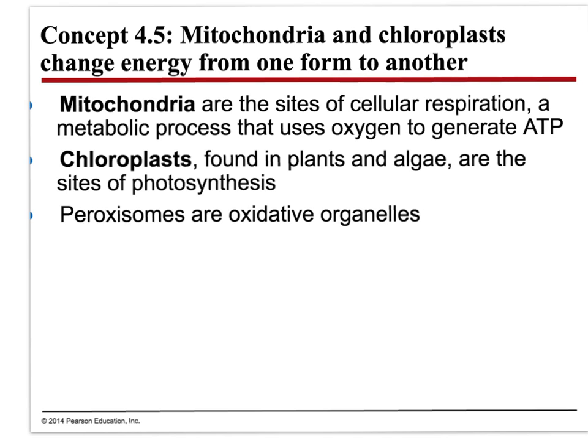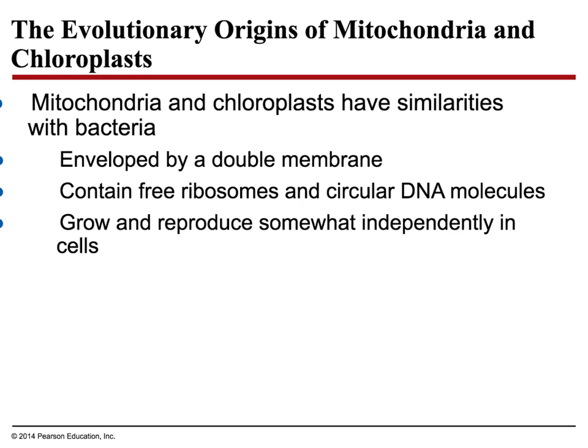Peroxisome is like a vacuole, a compartment within the cell that is important for oxidation. It's an oxidative organelle, which means it breaks down free oxygen species that would otherwise cause problems in the cell. Okay, so we'll go through those.